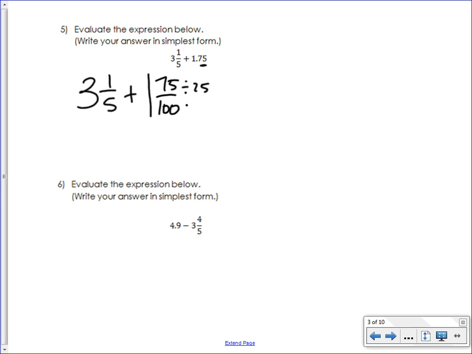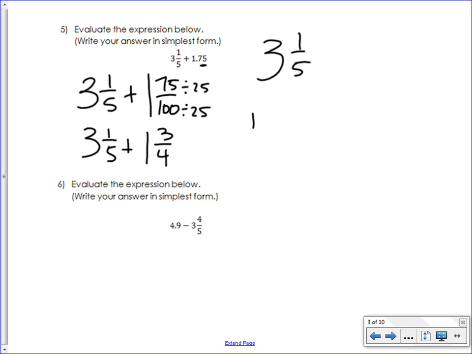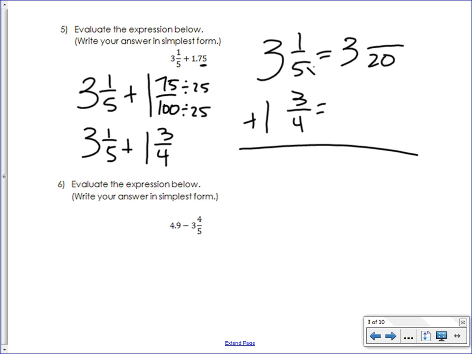If I divide both of these by 25, now it becomes 3/4. Now I'm going to find a common denominator. I could have found a common denominator between 5 and 100, but I don't like to work with big numbers a lot, so your common denominator here is going to be 20. 5 times 4 is 20, and 1 times 4 is 4.